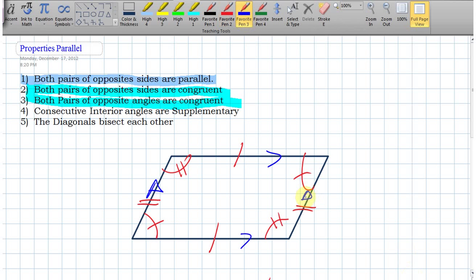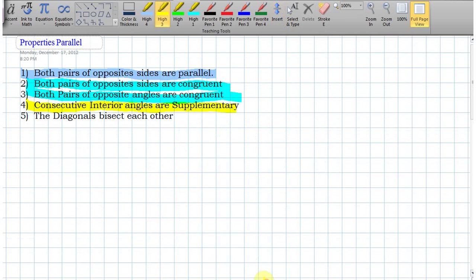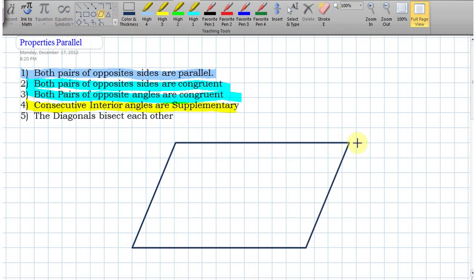All right, so we have number 4 now. It says consecutive interior angles are supplementary. Well, consecutive interior angles, we've also discussed another name for those in previous lessons. That is same side interior. So where are the same side interior angles? Well, these two angles right here are not congruent necessarily, but they are what we call same side interior angles.